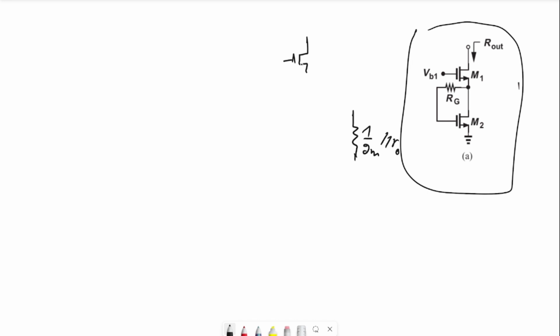We will consider it like M1, with 1 over gm2 in parallel with ro2.